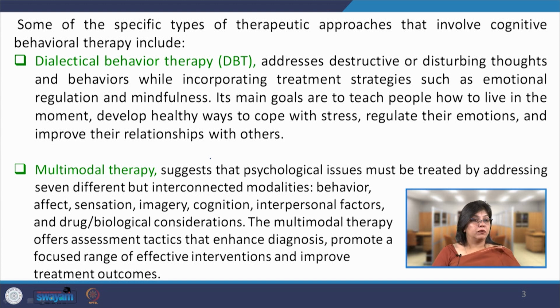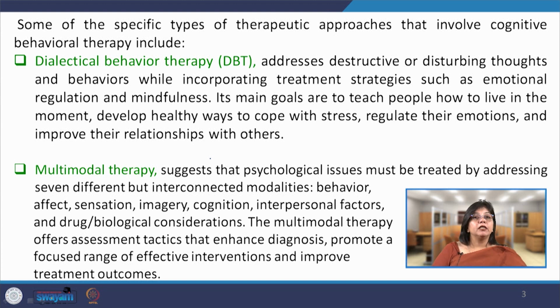This is mindfulness. Once this technique is adopted, the person is able to break that negative pattern of thoughts and behavior and incorporate this in daily life. Then ultimately the thought pattern becomes organized and regular. This is the aim of dialectical behavior therapy, that is DBT.